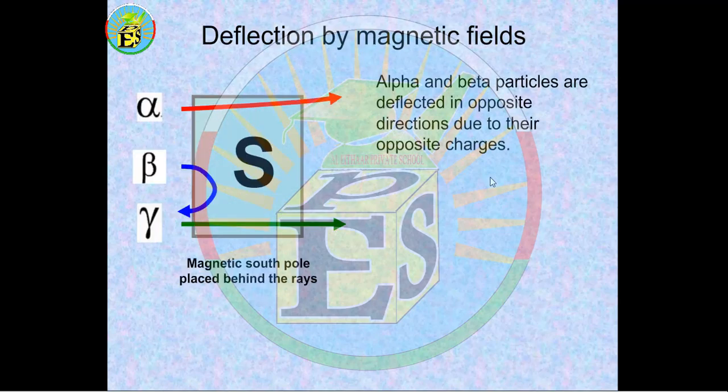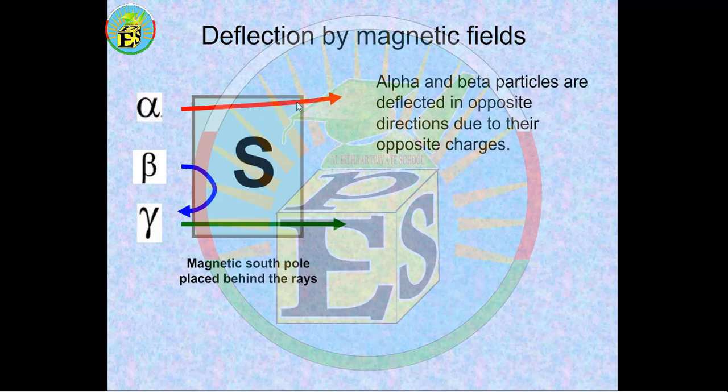Deflection by magnetic field. If we have a strong magnetic field, or magnetic field south pole, placed behind the ray like this, we will see alpha particles will deflect up and gamma ray didn't deflect, and beta turns back. Why?